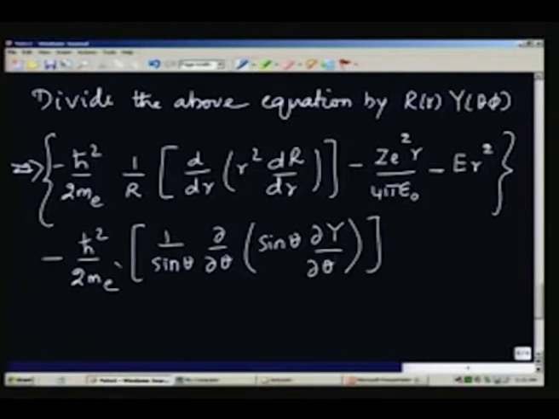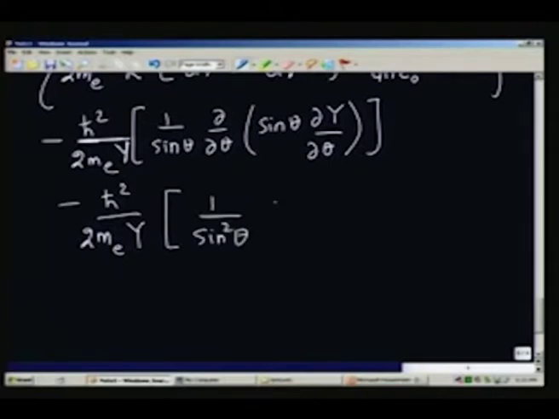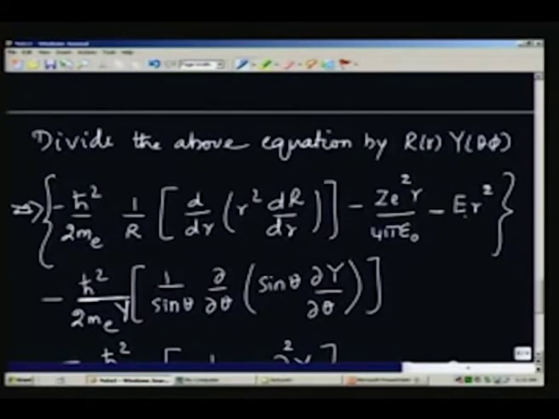Of course there is a Y in the denominator when we divide the whole thing by R and Y, and then there is one more term which is minus h bar square by 2me Y, 1 by sin square theta ∂²/∂φ² of Y, and that is it. The whole thing is equal to 0 as we brought the E on this side already.